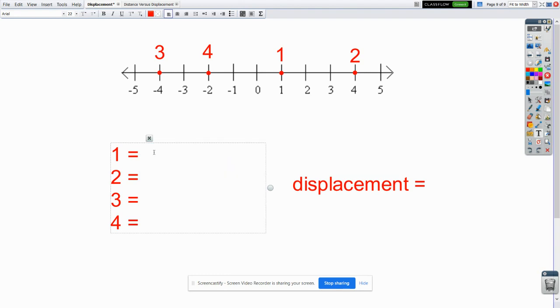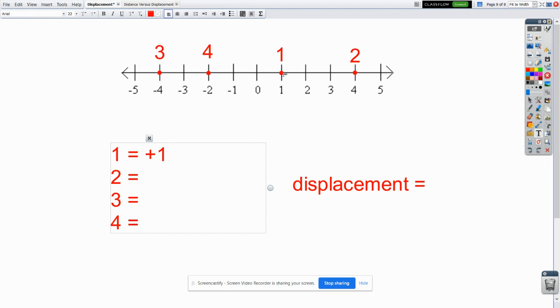And again, we're going to do it using that equation, delta x equals the final x position minus the initial x position. So for our first component of motion, we ended at 1, so this is xf. We started at 0, so that's xi, so it's positive 1 minus 0, or a component of plus 1.